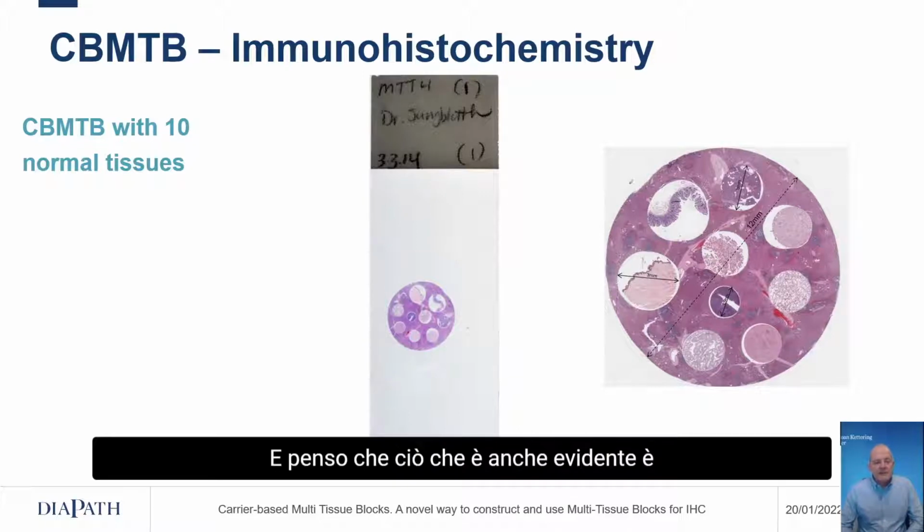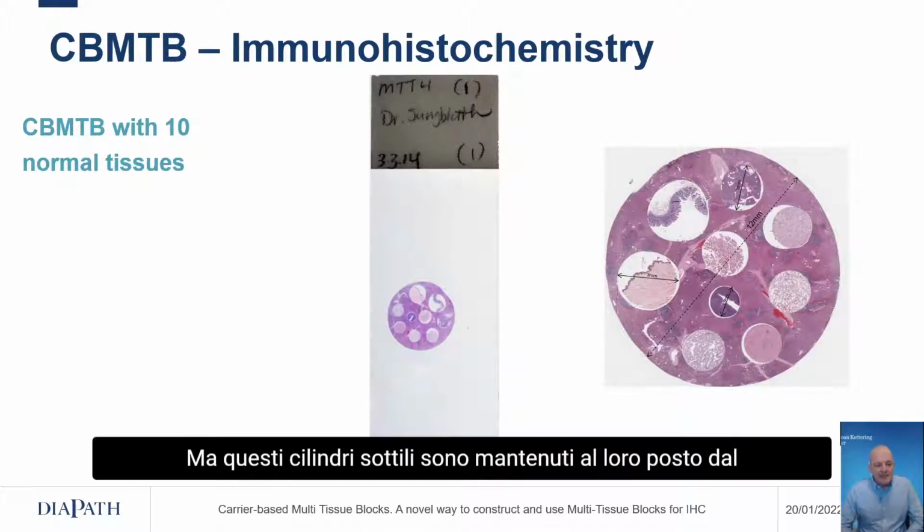And I think what's also evident is the advantage of the carrier tissue here. We have a much smaller diameter than the tissues in the conventional multi-tissue block, which I showed you before. But they are kept in place by the surrounding spleen tissue, which serves as a scaffolding.